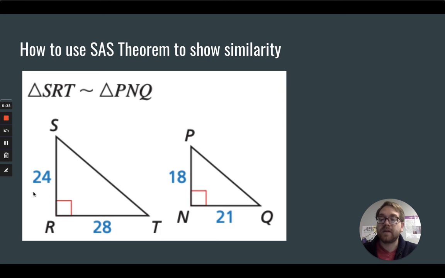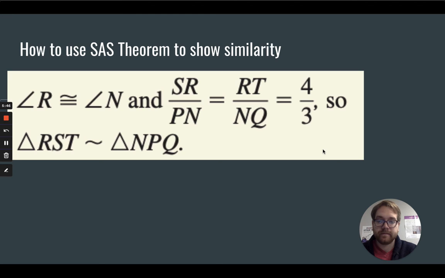We compare the ratios, 24 over 18 and 28 over 21, and determine whether they have the same ratio. And they do. So we see that angle R is congruent to angle N, and SR over PN equals RT over NQ equals 4 over 3.